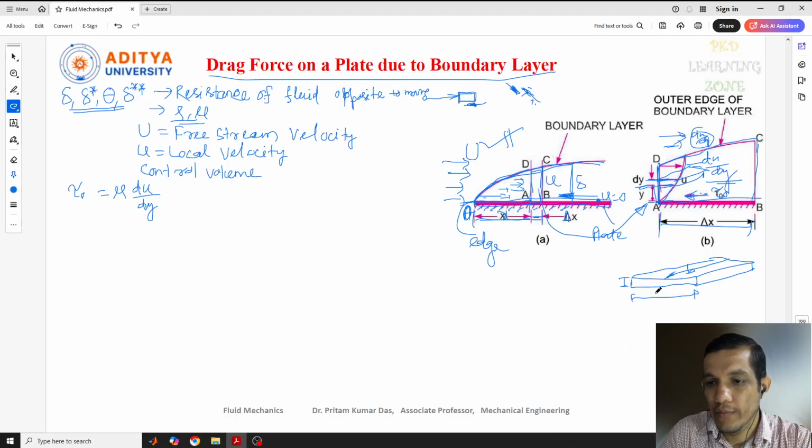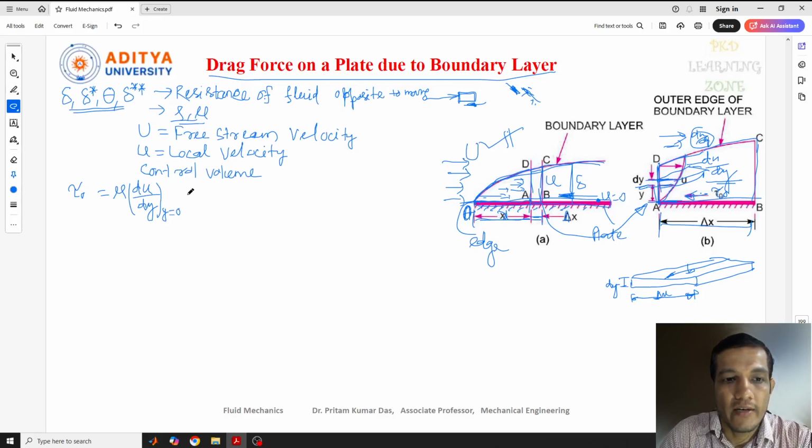The width can be given as b, the thickness as dy, and the length as delta x. So this is the tau naught we have taken, mu into du by dy, at a height of y equal to 0, at the ground level. So this is the velocity distribution near the plate at y equal to 0.